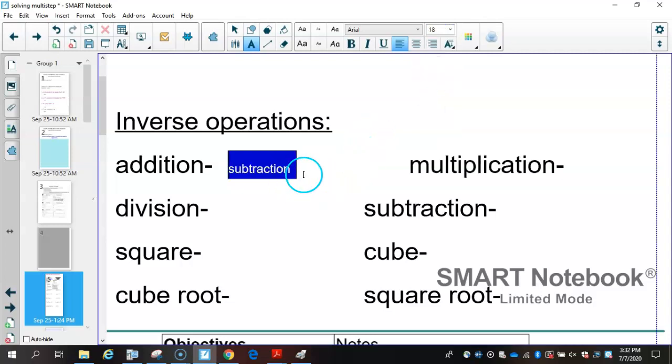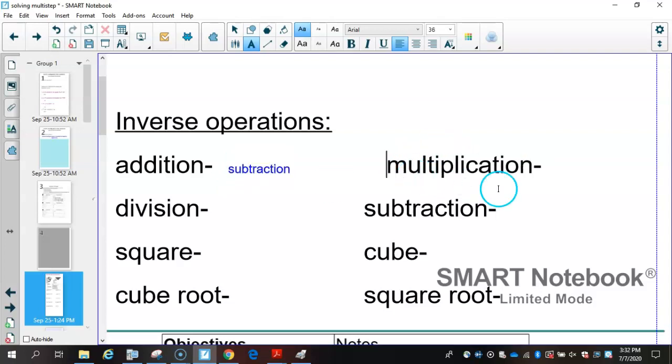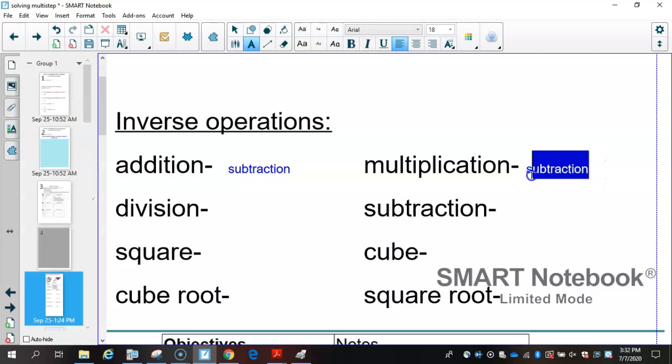It's going to be a little smaller, but that's okay. If we see multiplication, the opposite of multiplication is always division. I know that says subtraction. I'm just copying and pasting so I can use that same color.